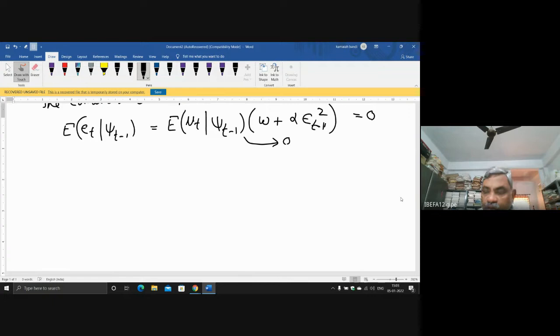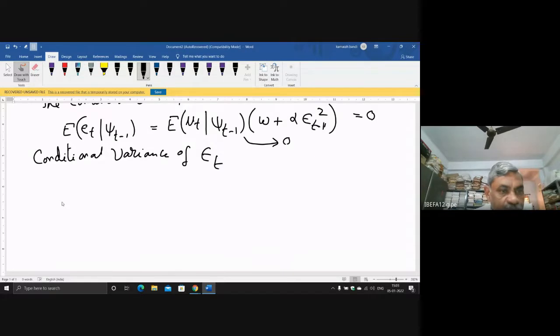And the conditional variance, which we have already worked out, it is a repetition, but better to do that. Conditional variance of epsilon t is given by the variance of epsilon t given the information set t minus 1, which equals the expectation of epsilon t square. You have to again subtract its mean, but since the mean value is 0, you don't need to do that.